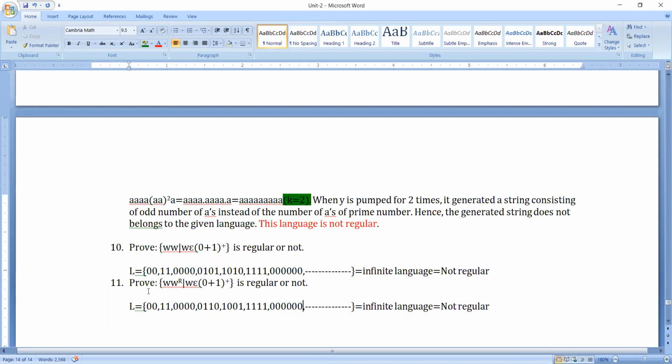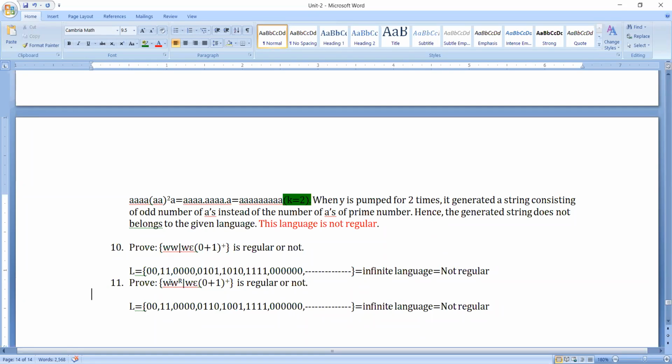Now if you look into this, straight away I can tell you that this language is not a regular language. The reason is that even if you know what W is, we don't know exactly whether we are going to read the reverse of W or not.